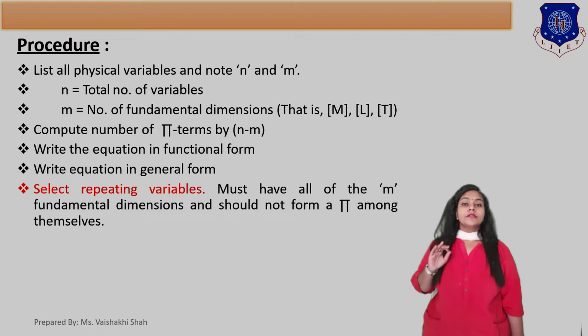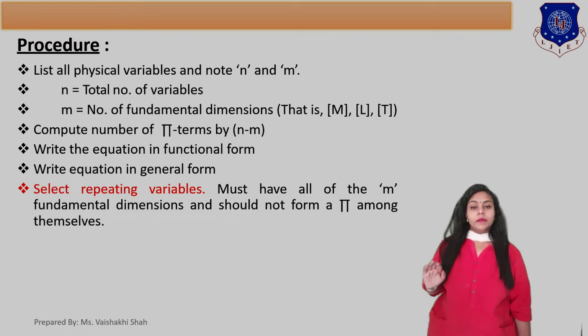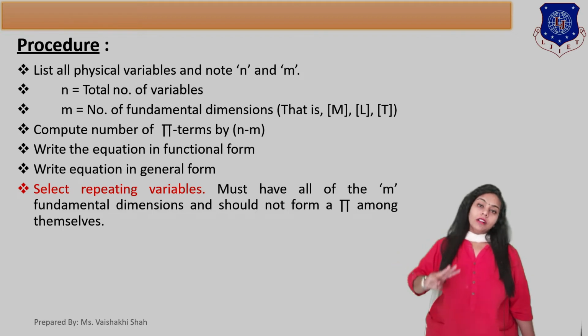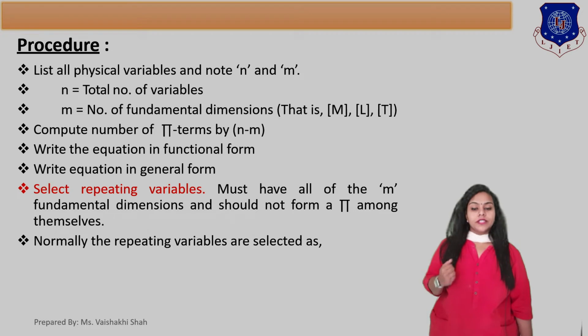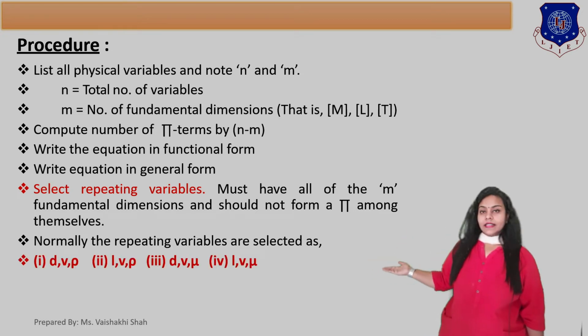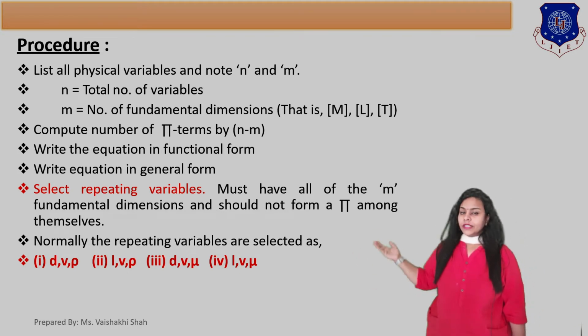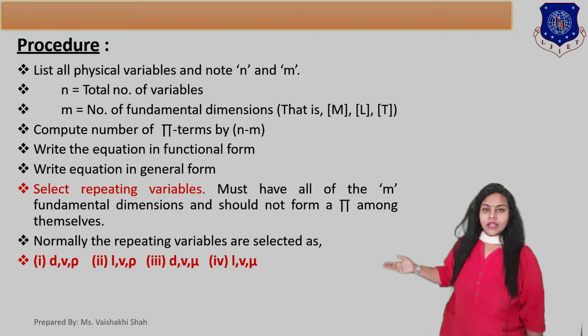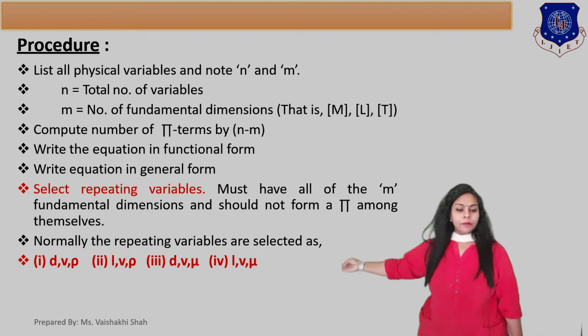So in the repeating variables there must be all three fundamental dimensions M, L and T. Normally the repeating variables are selected in this sequence: d, v, rho, that is distance, velocity and mass density; l, v, rho; or d, v, mu.